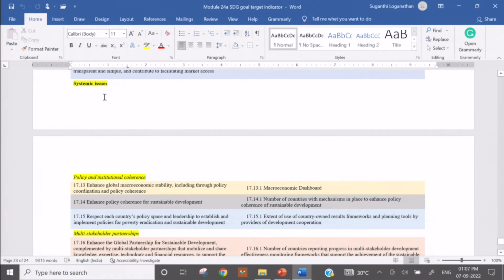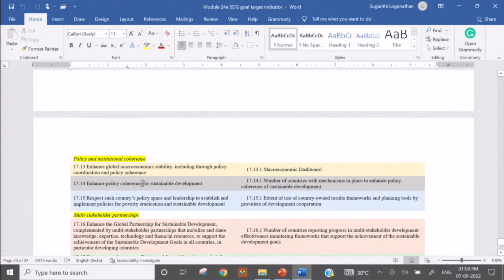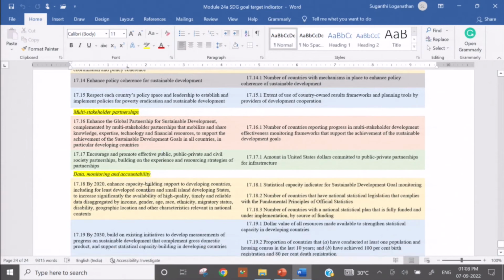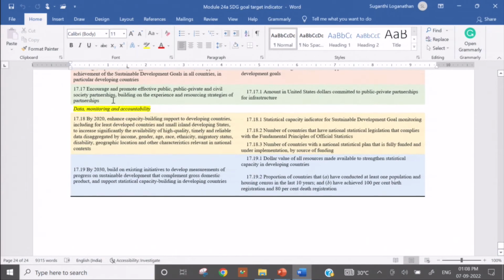In the systemic issues, they have brought in policy and institutional coherence, multi-stakeholder partnership, data monitoring and accountability. So, there are totally 19 targets in SDG 17, and these 19 targets have their respective indicators.